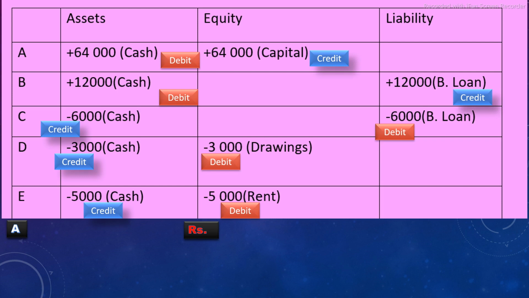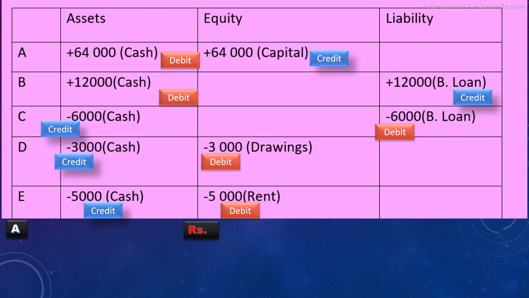Okay, let's see how to write the double entry. First point, as I said, no plus or minus in the answer. Second point, if they ask you to write double entries, write them with the debit first.